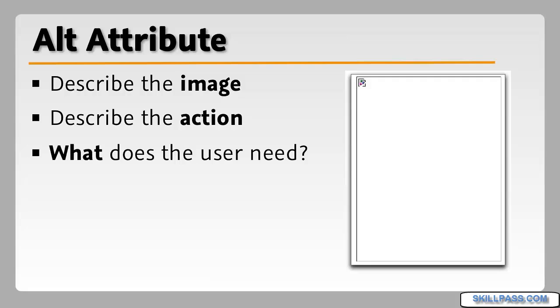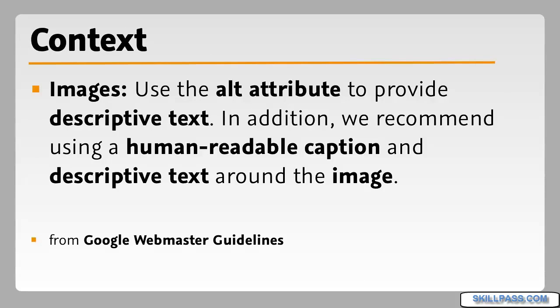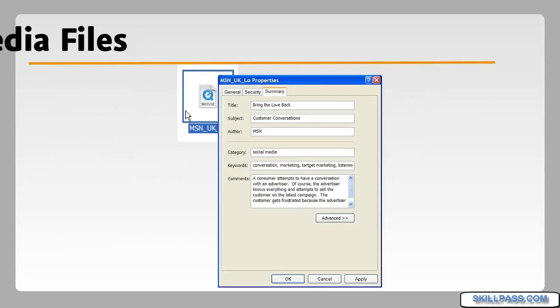Give the user what they need to describe what this image is if it doesn't show up. Google is imperative in asking webmasters to use the alt attribute because Google puts a lot of emphasis on their image search, and also it provides relevance. And so be sure you use that alt attribute to explain what the image is.